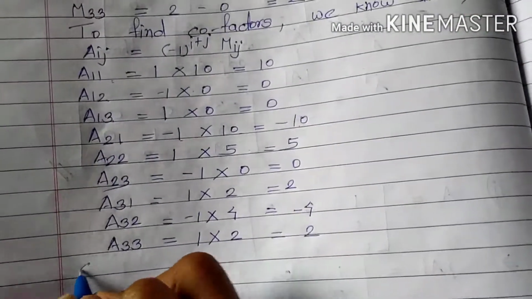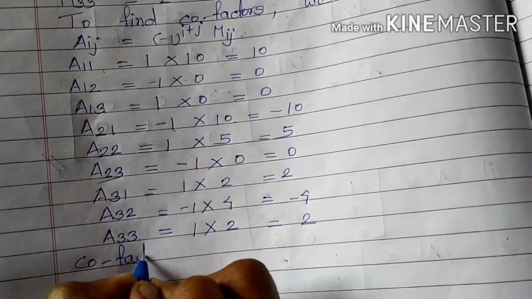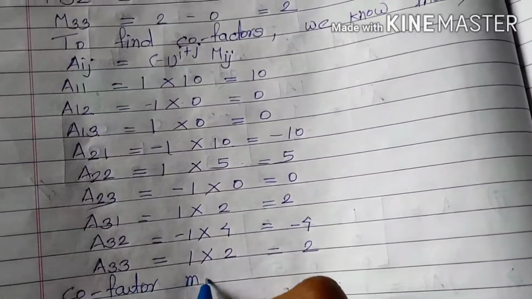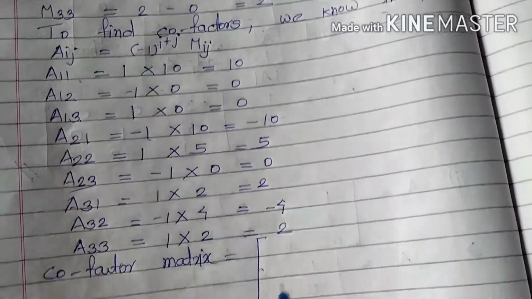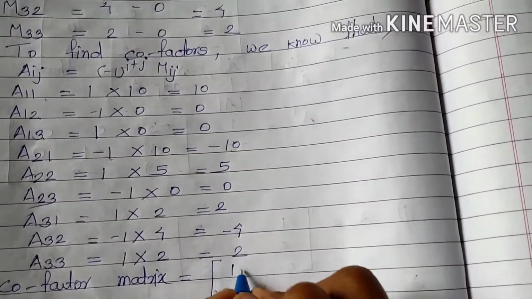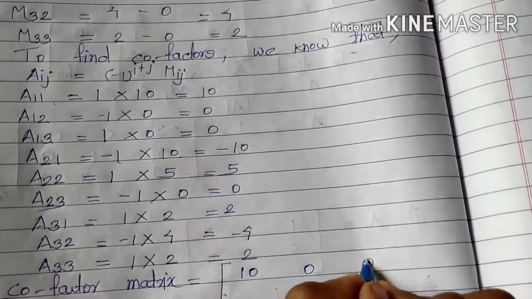Next, the cofactor matrix. The cofactor matrix is equal to, write 10, 0, 0 and so on.